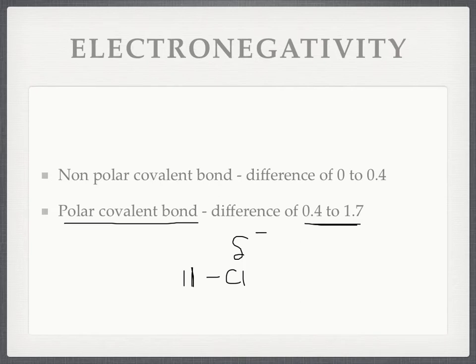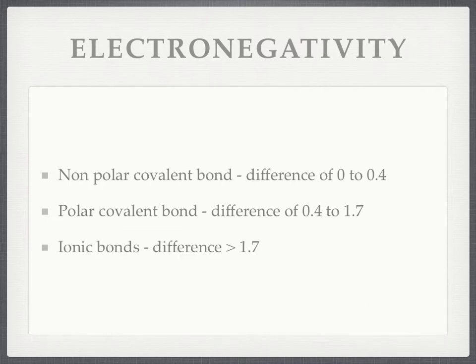So it's not a full ionic charge, not the same thing like it lost an entire electron, but it does have a noticeable effect, and you can actually test that. And then this side would be a little bit on the positive side. So what we're saying is that chlorine just keeps the electron a little bit longer. If it's greater than 1.7, anything greater than that, we would consider it to be an ionic bond. It's going to completely give up an electron.